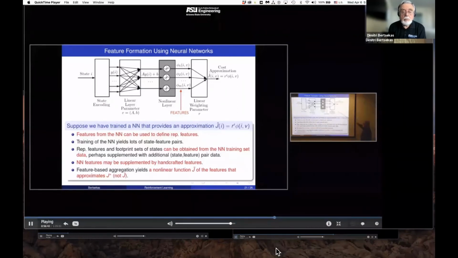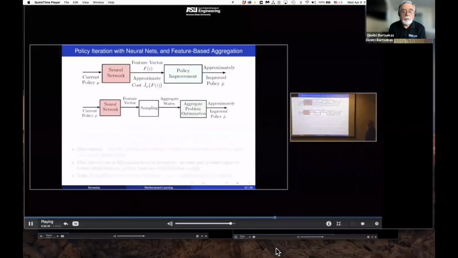Okay. So now let's look how policy iteration would look in the context of aggregation and neural networks. Suppose I use a neural network-based parametric approximation to do policy iteration. We have gone through this.